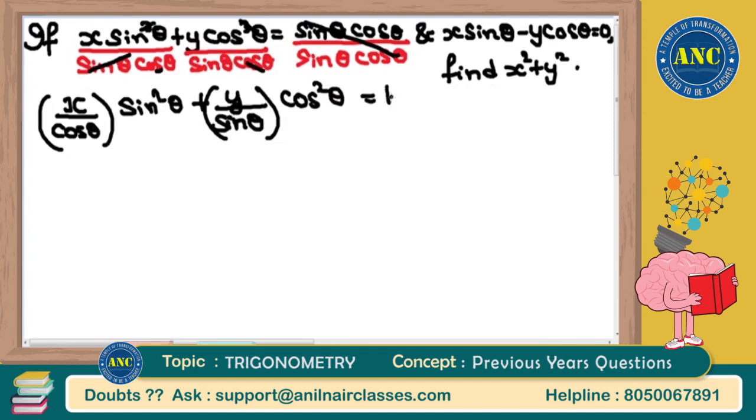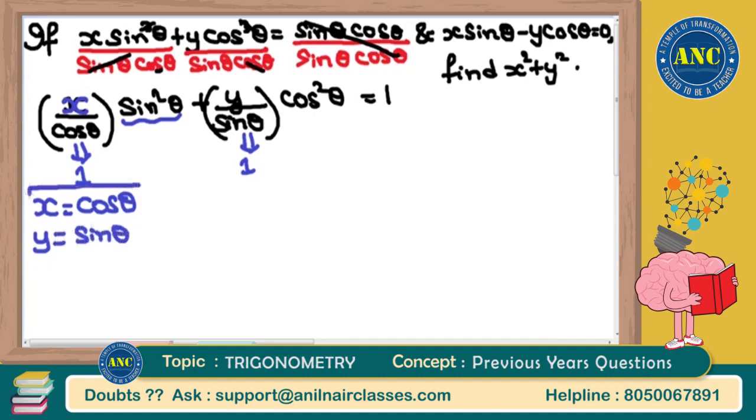This is equal to 1. Same logic I implemented in my previous problems also. The sin square theta coefficient should be equal to 1, and the cos square theta coefficient should be equal to 1. That means x cos theta should be equal to 1, so x is equal to cos theta. y sin theta should be equal to 1, so y is equal to sin theta.